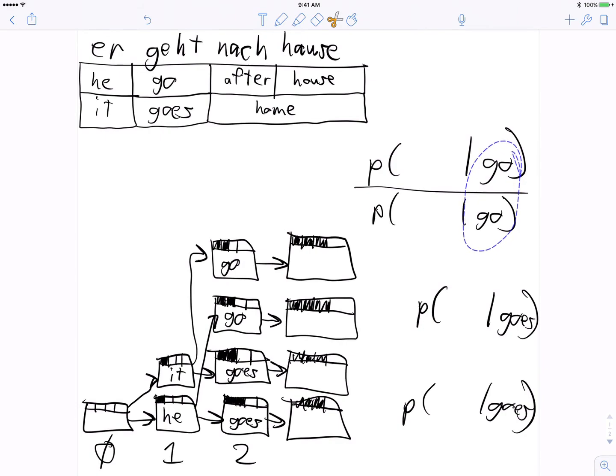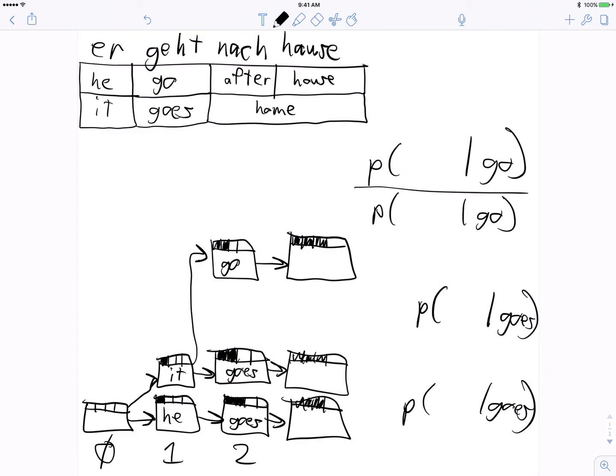Because of that, there's no reason to have the duplication that we see here. Instead, we can get rid of this and instead have he and it point to the same go.